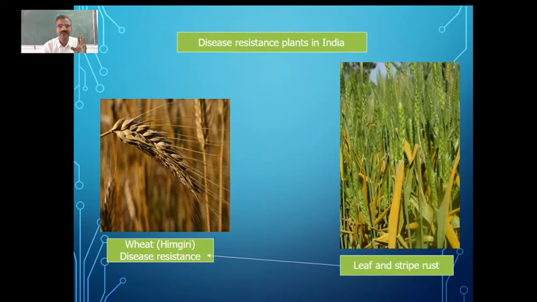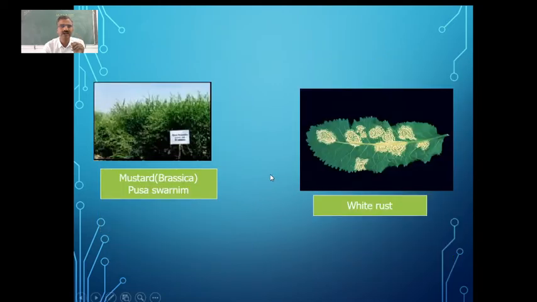So you can see the wheat plant variety called Himgiri. This is resistant against leaf and also stripe rust. This is one variety. Then secondly it is Brassica juncea, that is Pusa Swarnim.